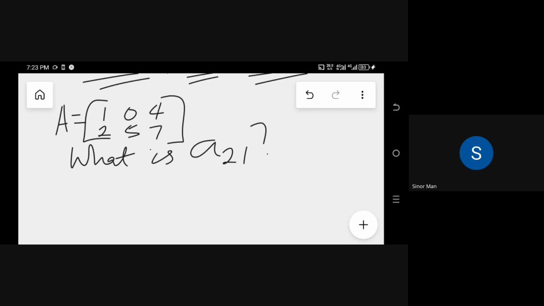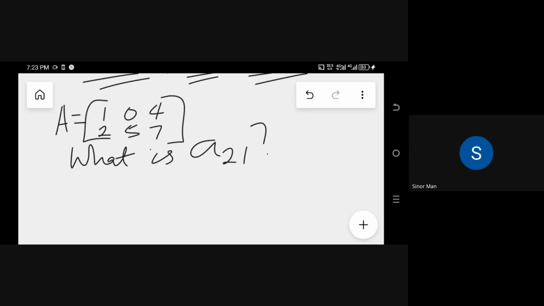That is why here in this question we have matrix A, and we have those elements there, 1, 0, 4, 2, 5, 7. Now, what is a21? You see it's in small letter because they're asking for the position, the element that is in a21. This a21 means the element in the second row and the first column.